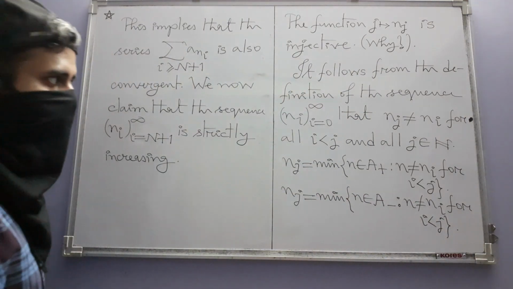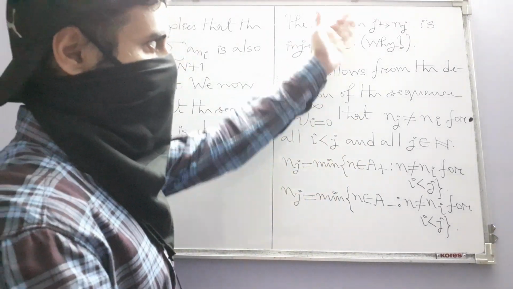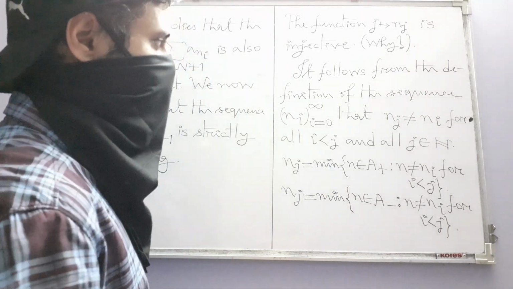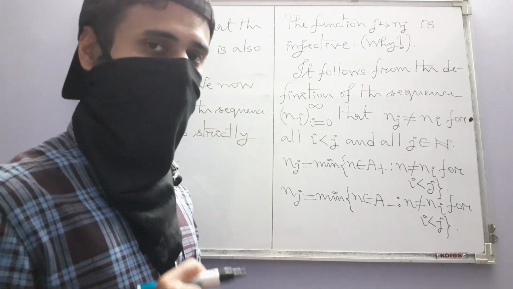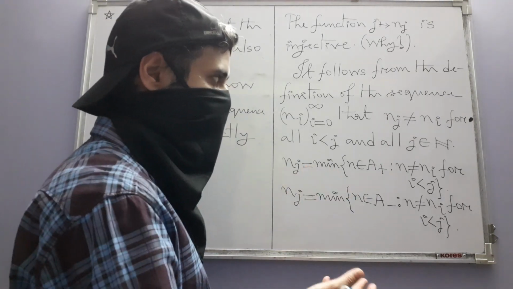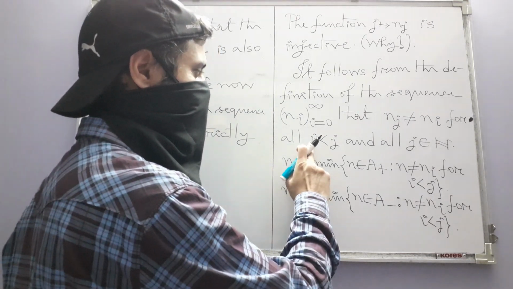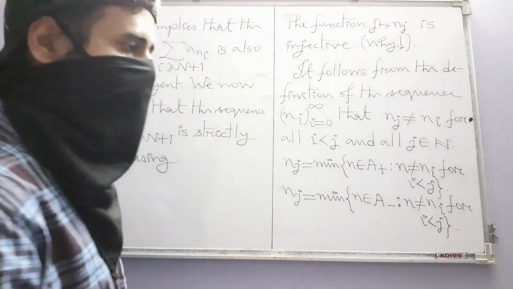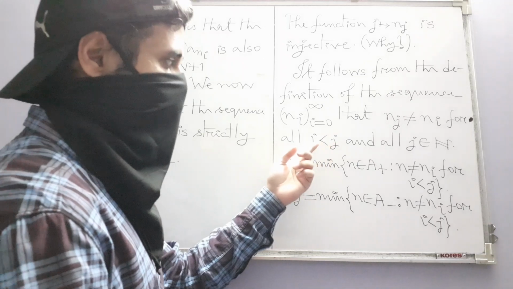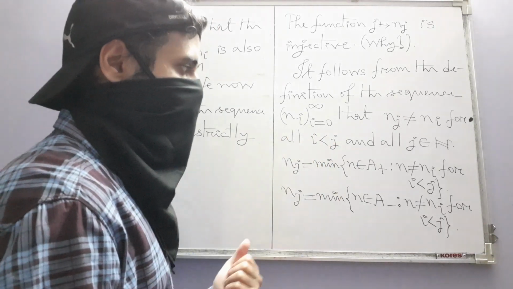Okay, so because of this, the map is injective. I hope you can see why. That's because what do we need for injectivity of a map? That if the inputs are different, then the outputs are also different. Say your inputs are natural numbers i and j which are different, then obviously they are going to satisfy one such inequality. Either it's i less than j or j less than i.